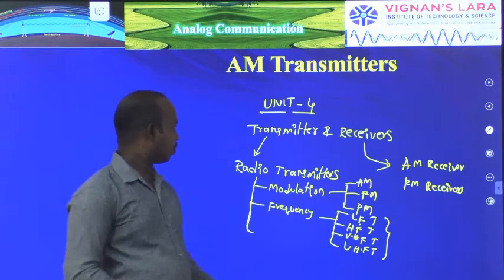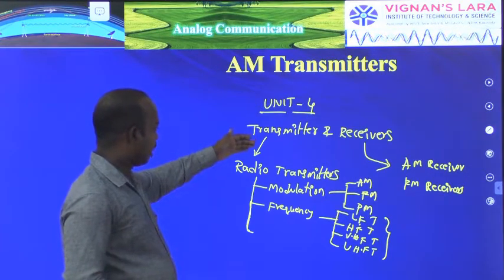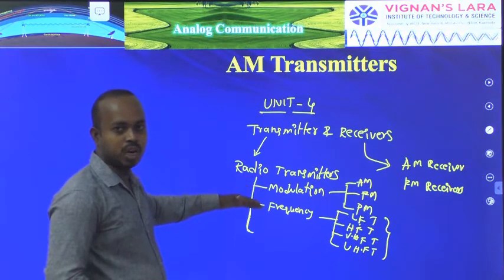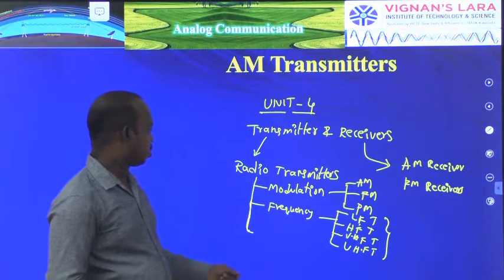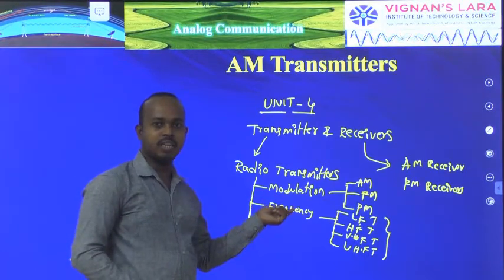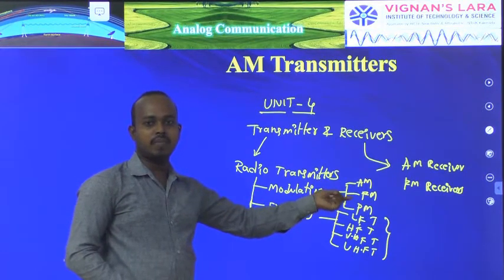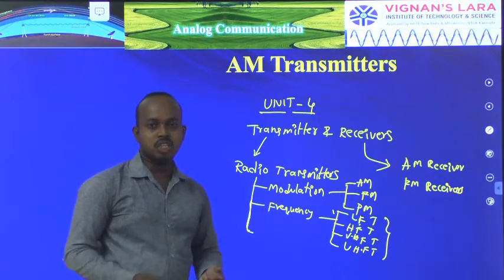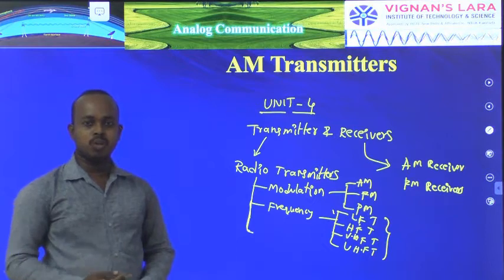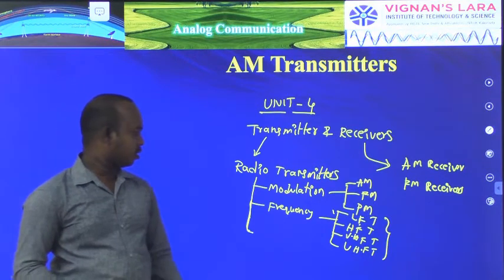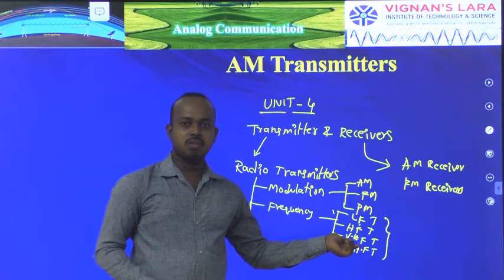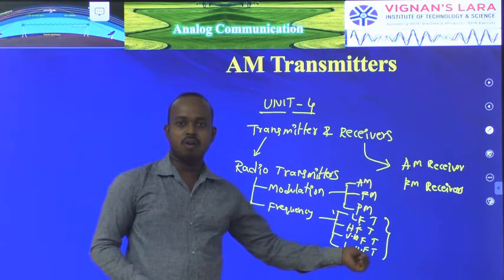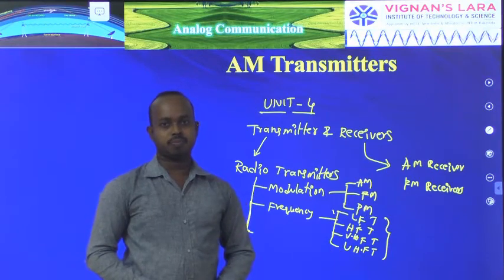Coming to the transmitters, we mainly have radio transmitters, and we have to study their classification here. The third one is based on modulation: AM transmitters, FM transmitters, PM transmitters. Based on the frequency parameters, we classify the transmitters as low frequency, high frequency, very high frequency, and ultra high frequency transmitters.